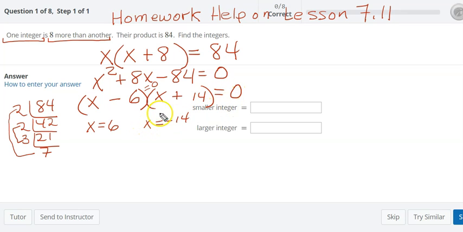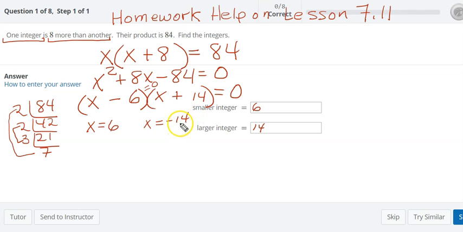Now, you can think of this as going up here. If our smaller integer is 6, and this one here is 14, that will give you the answer.